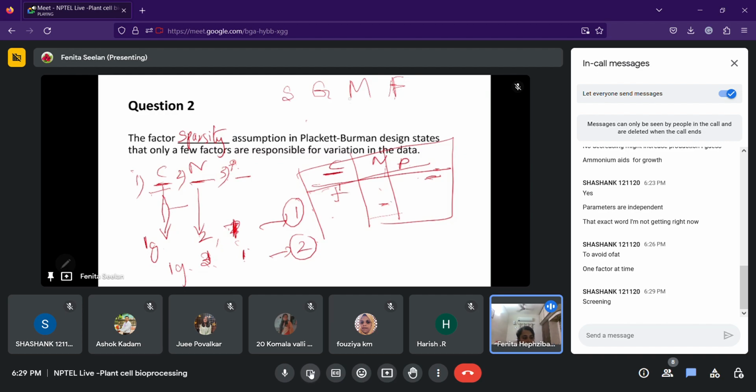If you keep on doing one factor at a time, you will keep 30 grams, fix it, vary this, fix it, vary this. Then you will find, oh, 30 grams of sucrose is working out for me. Like that, you keep on varying things and finding out which one gives you a good result. Good result here means good or higher biomass growth or higher metabolic production. That is your ultimate aim.